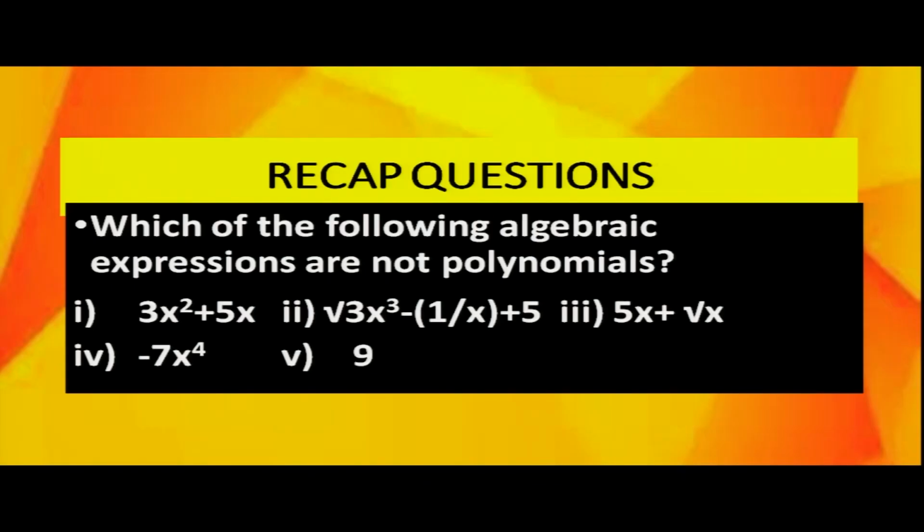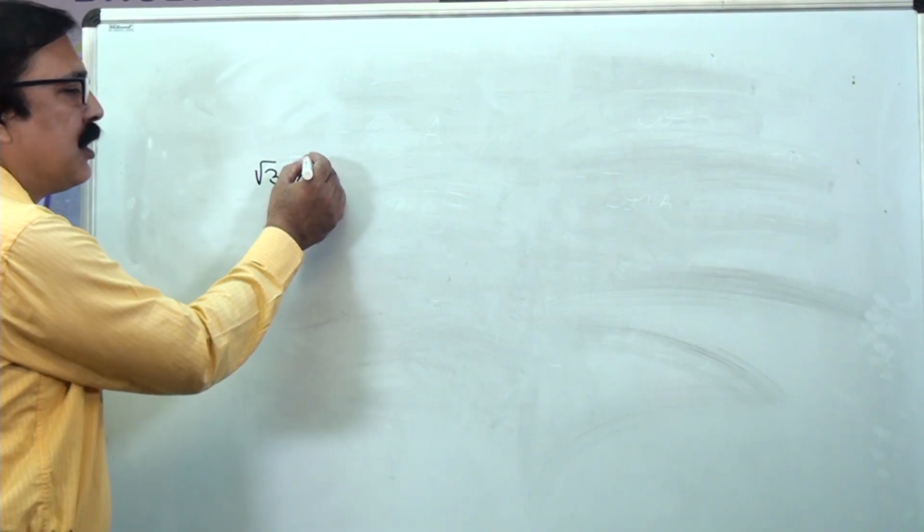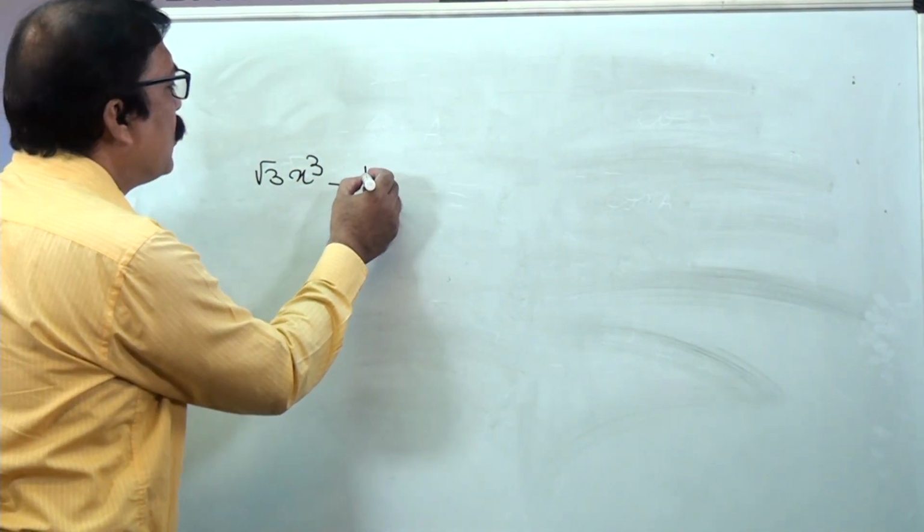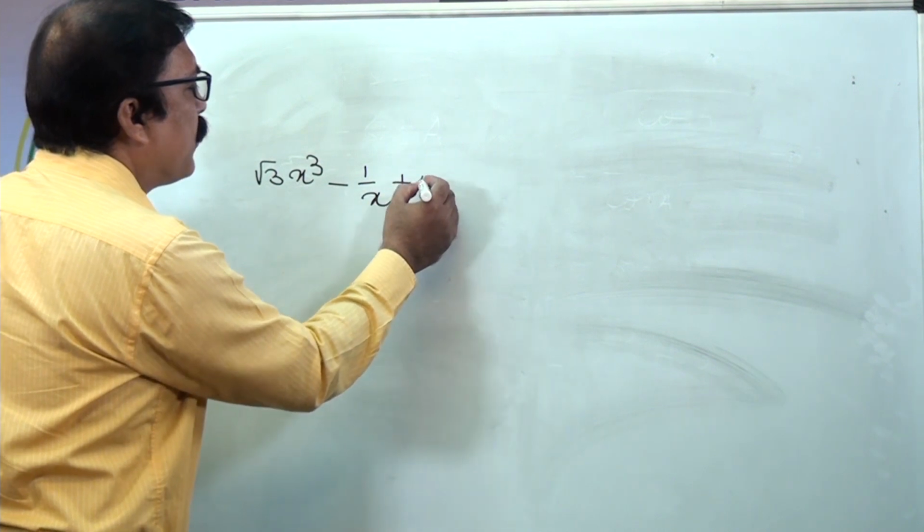In 3x squared plus 5x, the exponents of variable x are 2 and 1. Yes, 2 and 1 are non-negative integers. So the first one is a polynomial. In the second case, root 3 x cube minus 1 by x plus 5.